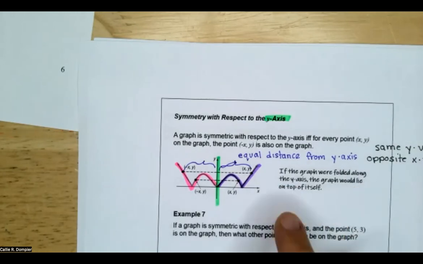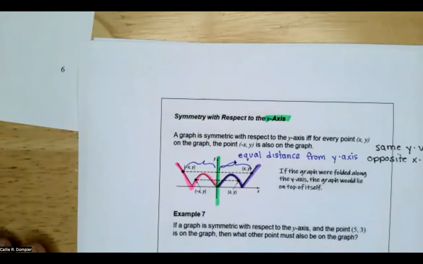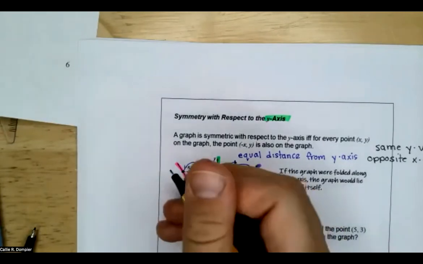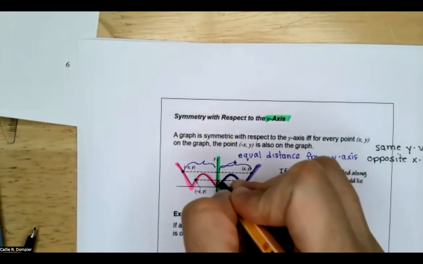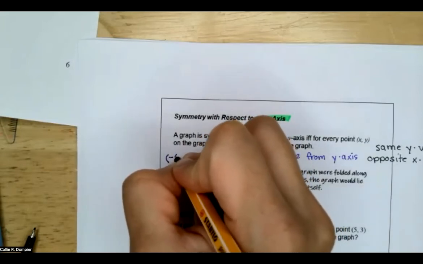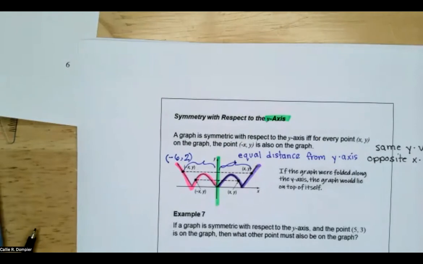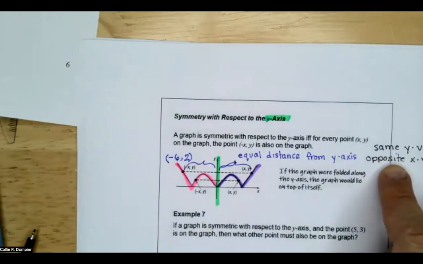If the graph were now folded along the y-axis, it would lie on top of itself. Good. So if we were to make up some points for these guys, maybe this is (-6, 2), right? Same y values, opposite x values.